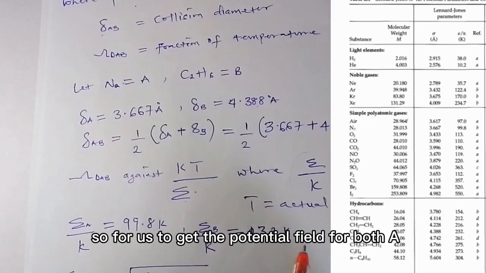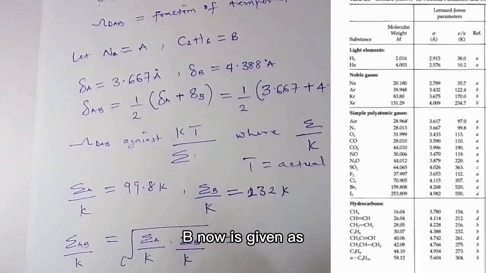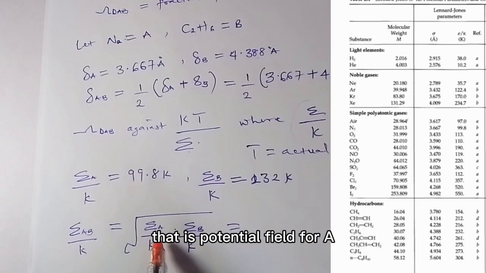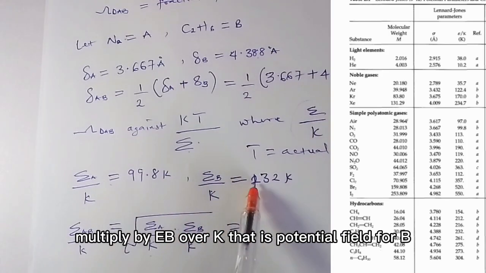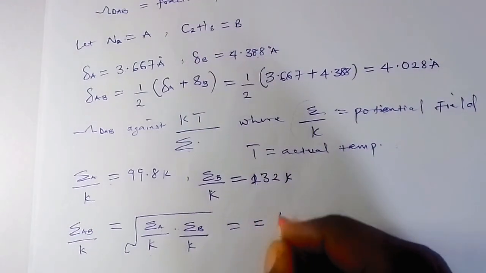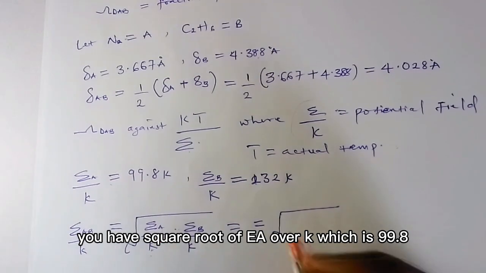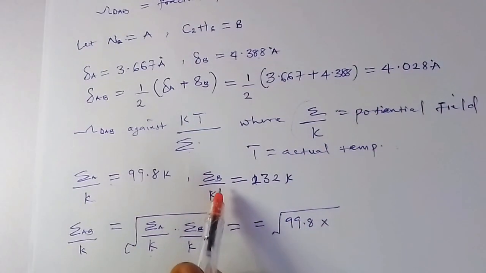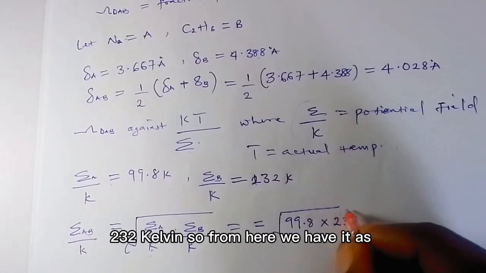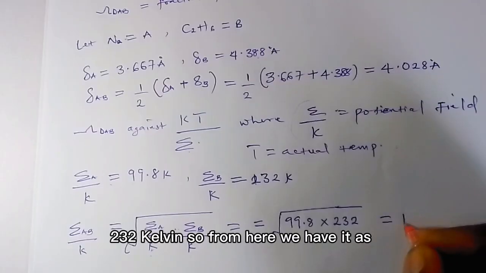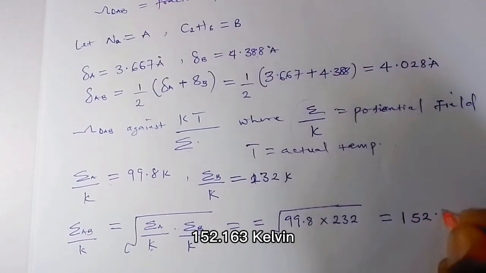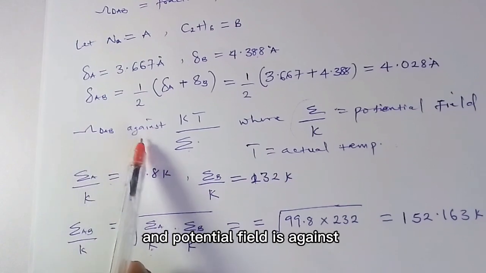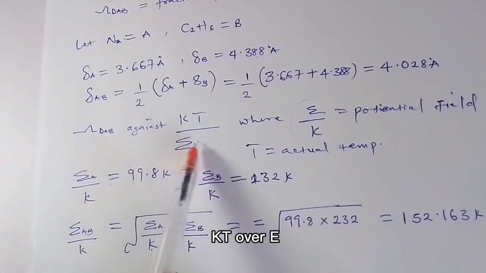So for us to get the potential field for both AB, it is given as EAB over K equal to square root of EA over K, that is potential field for A, multiplied by EB over K, that is potential field for B. So substitute the values in: square root of EA over K, which is 99.8, multiplied by EB over K, that is 232 Kelvin. So from here we have 152.163 Kelvin.